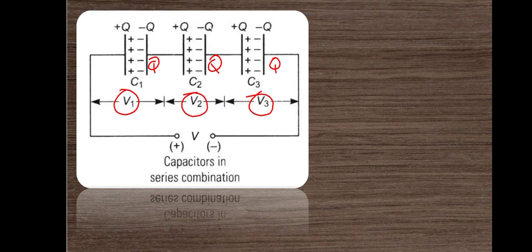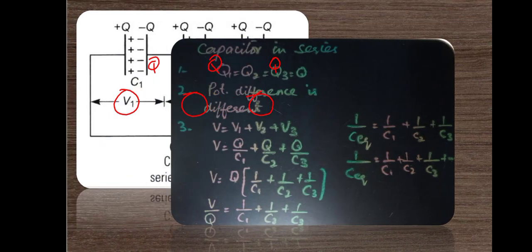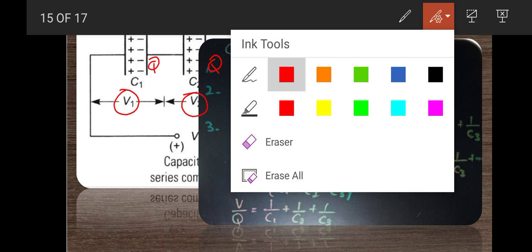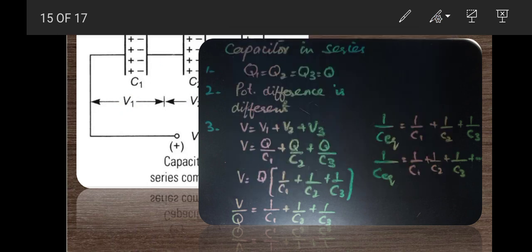To find out the equivalent capacitance, what will we do? We will start with the quantity which is different. Q1, Q2 and Q3 will be equal to Q in this case, because these 3 capacitors have the same amount of charge stored on them.